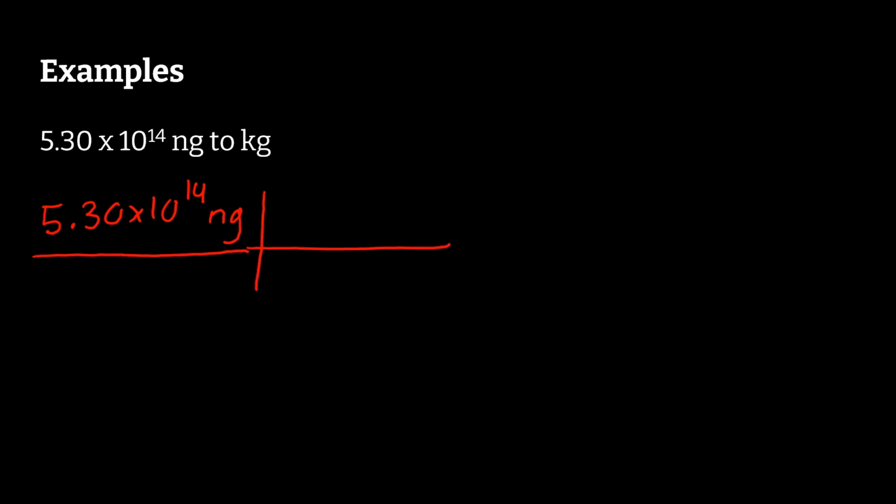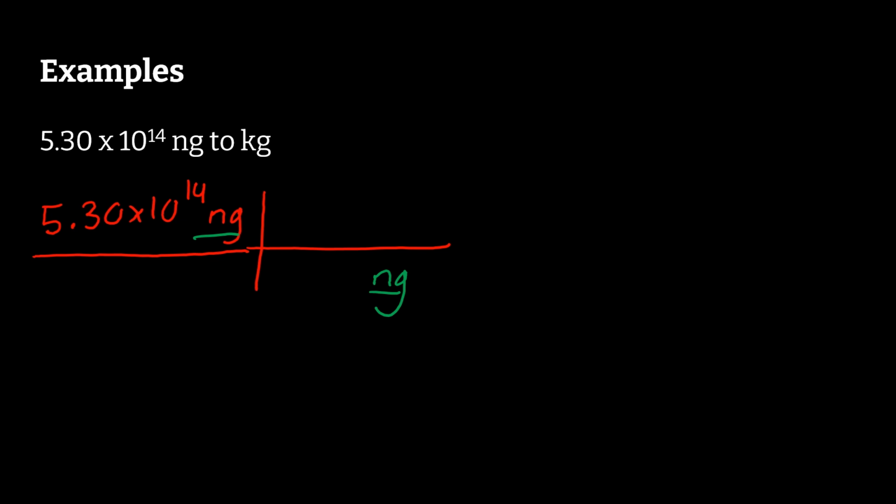We have our nanograms on top, so we have nanograms on the diagonal. Now, whenever we are going from nanograms to a kilogram, going from a very small number to a really large number, we do have to stop at the base unit. So we have to stop at our grams. So this is going to be a two-step conversion that we have to take a look at.